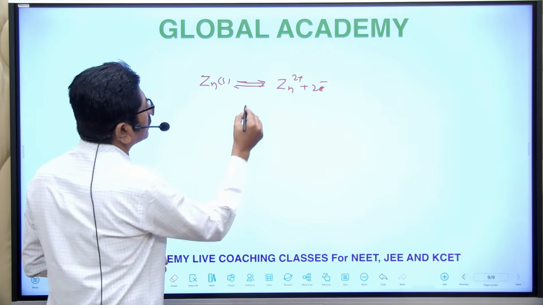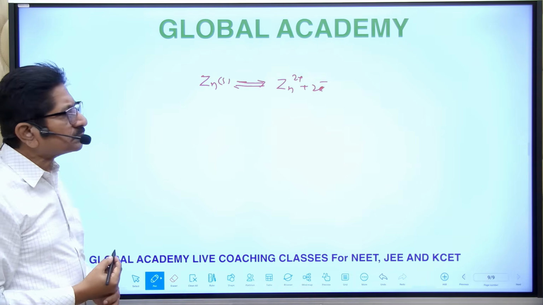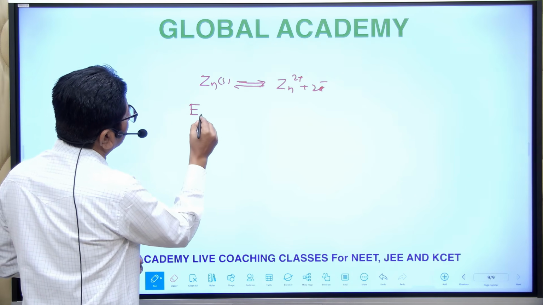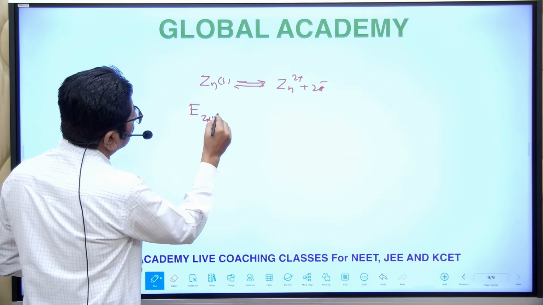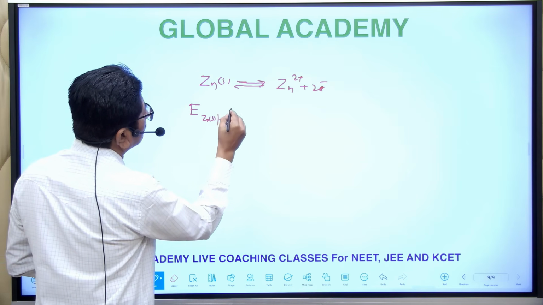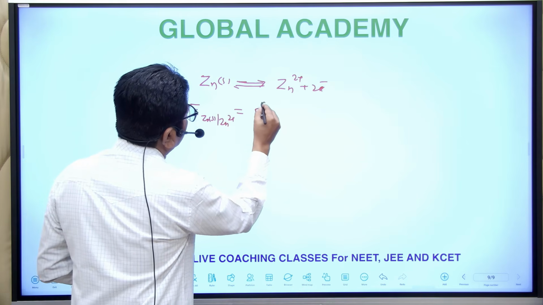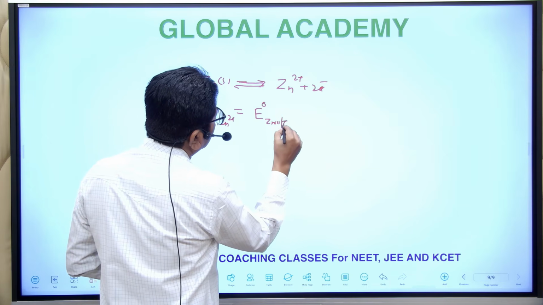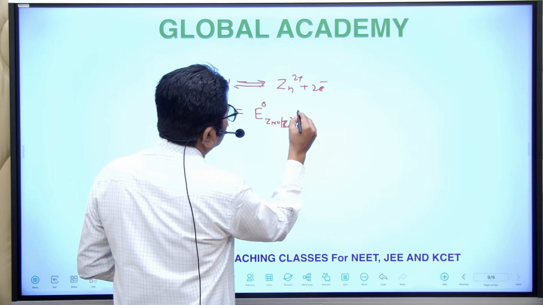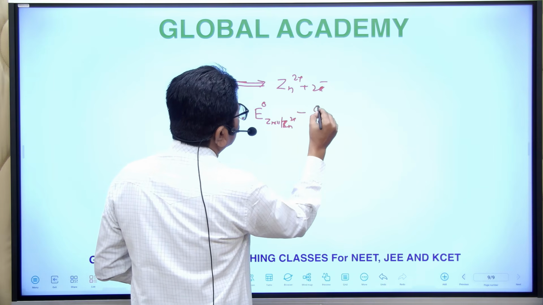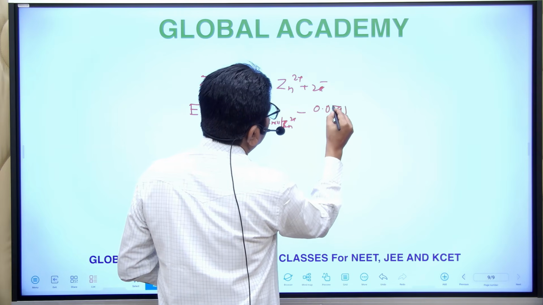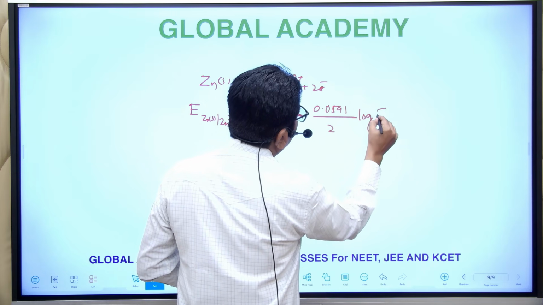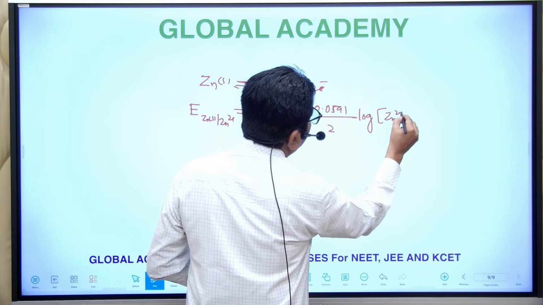So here, E of Zn solid to Zn2+ is E naught of Zn solid to Zn2+ minus 0.0591 upon 2 log Zn2+.